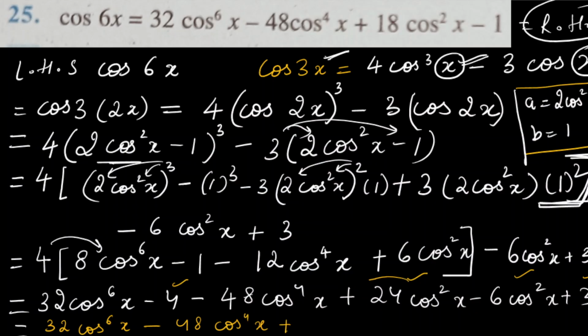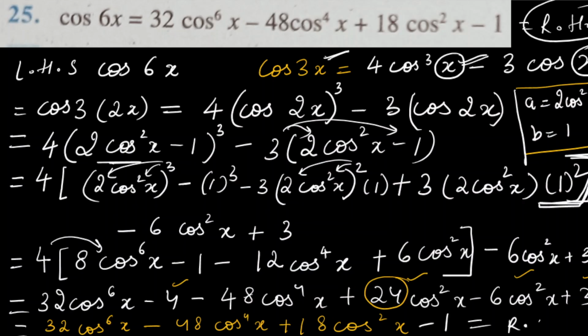So plus 24 minus 6 is 18. So this becomes 18 cos square x. Now minus 4 plus 3. Plus and minus gives the sign of the greater number, so minus 1. Yes, so 32 cos to the power 6x minus 48 cos to the power 4x plus 18 cos square x minus 1.